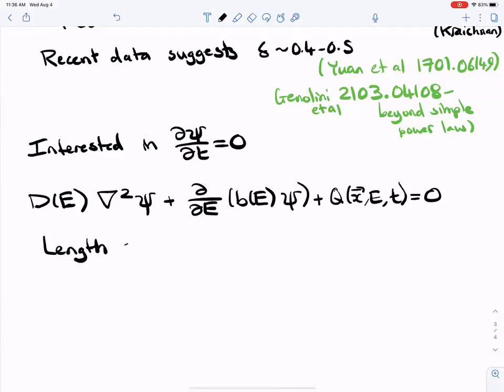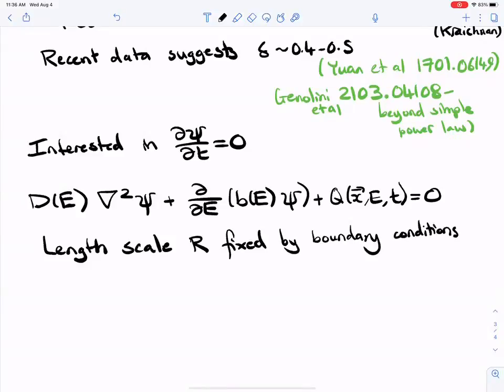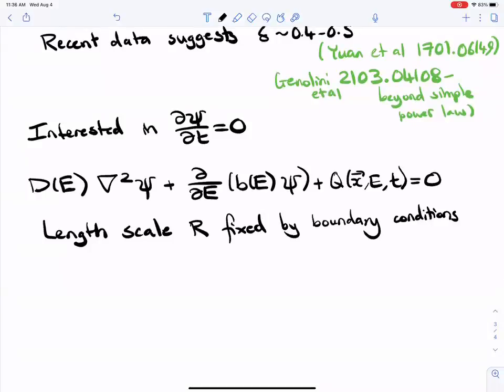So let's say that there is a length scale R fixed by boundary conditions. Again, in a realistic scenario, you'd just go ahead and solve this differential equation. I'm not going to do that. I'm trying to sketch the behavior of this differential equation for you. So, if there's a length scale R fixed by the boundary conditions, what is grad squared of phi, the solution of this equation? Parametrically, by dimensional analysis, it's going to be something like minus phi divided by R squared.